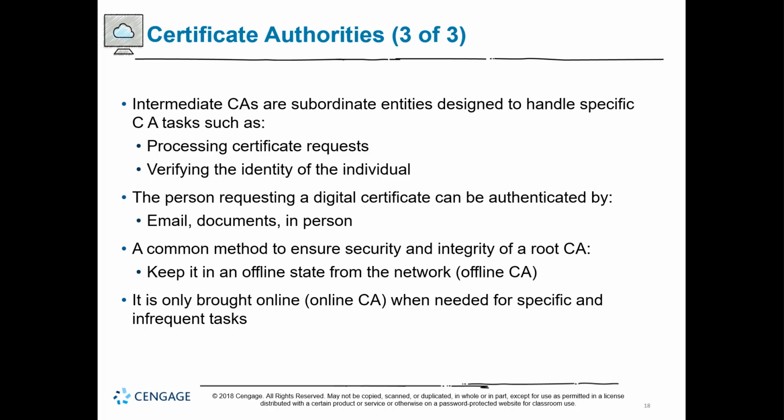Normally the task is processing those requests and verifying the identity of the individuals making those requests. The person requesting the certificate, you can authenticate based off of an email, a document, personal information, business information, web content. It really all depends on the level of verification.